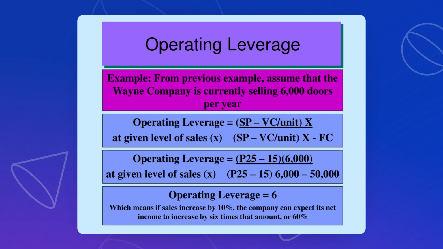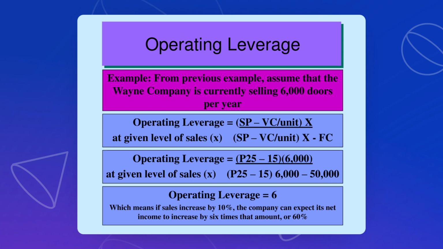Okay, for example, from your previous example, assume that the Wayne company is currently selling 6,000 units per year. So again, we go back to the formula: contribution margin divided by our EBIT.